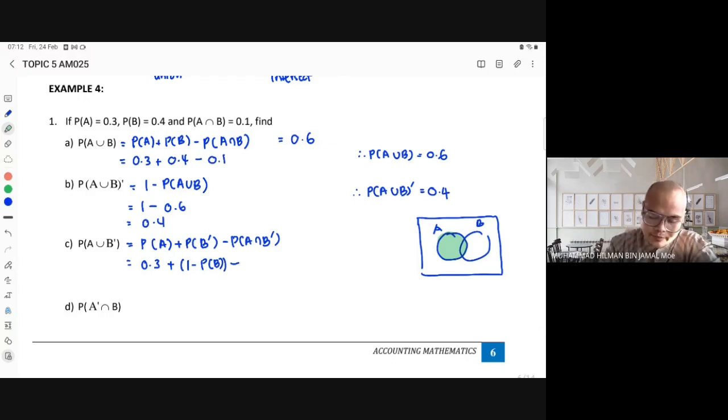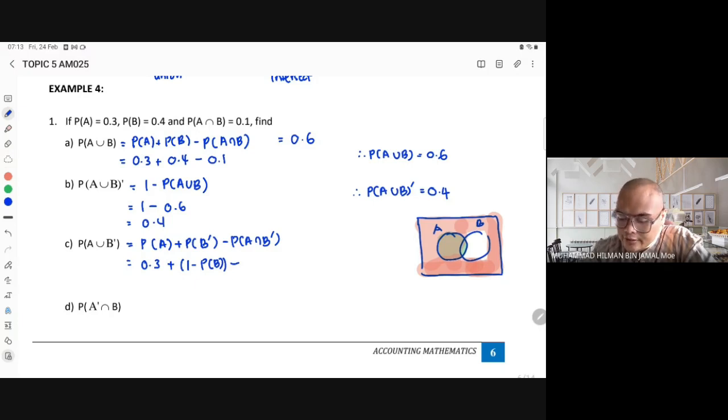And then untuk B prime, so let's say we use different color. So B prime is selain daripada B, so you lukislah selain daripada B. Okay, so kalau you tengok, intersection ni adalah basically apabila ada pertembungan.